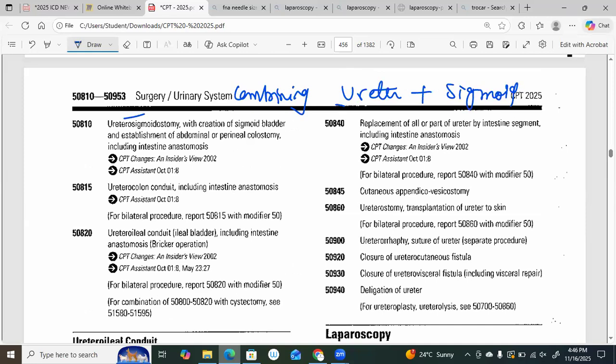When we are combining ureter and sigmoid together, that means 50810. Next, we have a ureterocolon conduit.